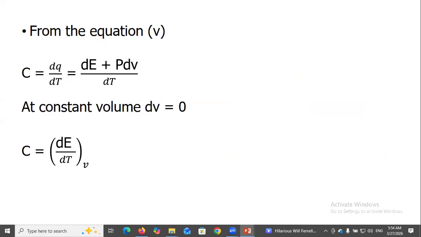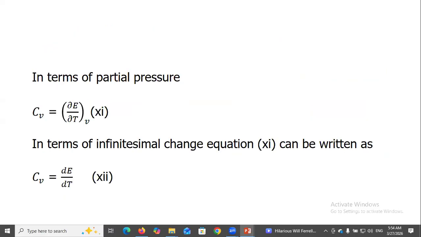From equation 5, C equal to dq over dT. So we can write dq equal to dE plus P dV over dT, at constant volume dV equal to 0. So C equal to dE over dT at constant V. In terms of partial derivatives, Cv equal to (∂E/∂T)v, equation 11. In terms of infinitesimal change, equation 11 can be written as Cv equal to dE over dT.